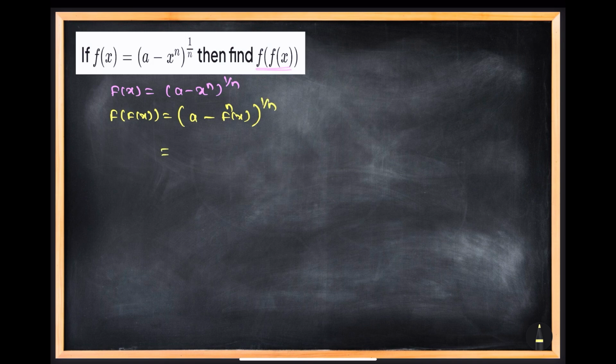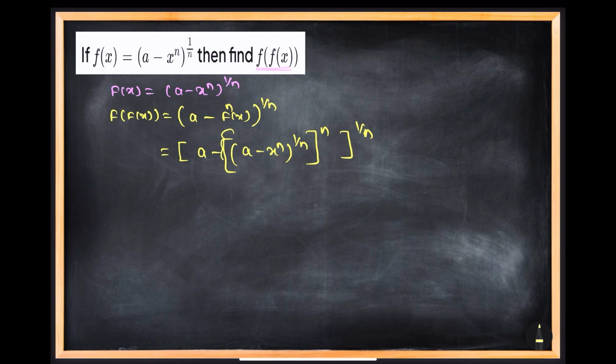Let's do the manipulation. We will be left with a minus, who is f(x)? f(x) is (a minus x to the power n) to the power 1 by n, and then the power is n and the whole power is 1 by n.